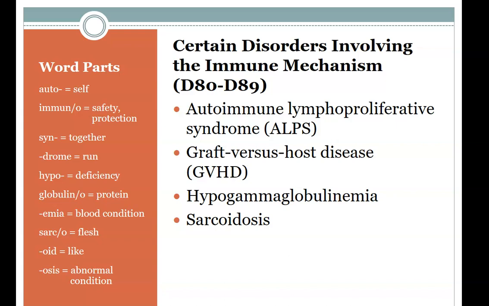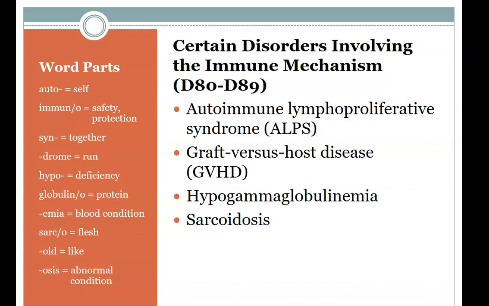Graft versus host disease, GVHD, is a disorder occurring when donated tissue cells attack the cells of the recipient. Hypogammaglobulinemia is a lack of antibodies, also known as immunoglobulin G, in the blood. Sarcoidosis is an inflammatory disorder in which small flesh-like tumors develop throughout the body.